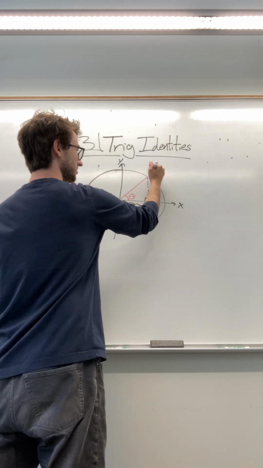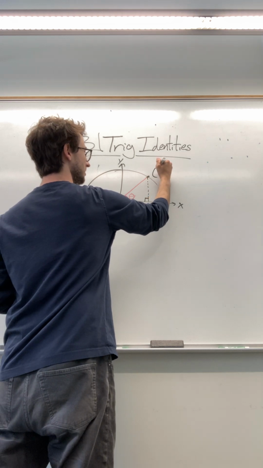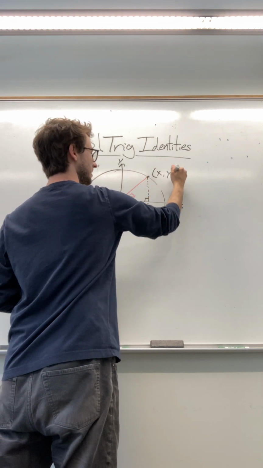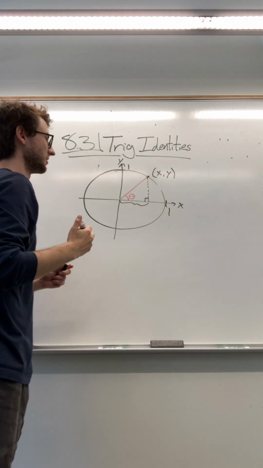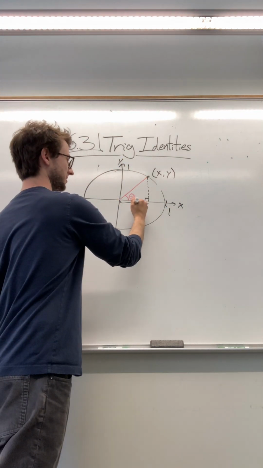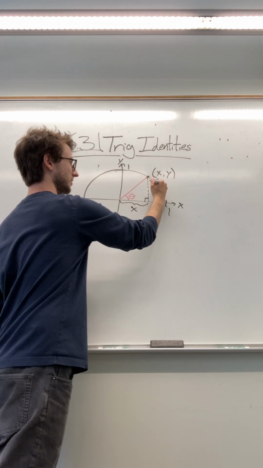If this is some point x, y, and I'm going to assume that my circle has radius 1, just to simplify things. So this length is x, this length is y.